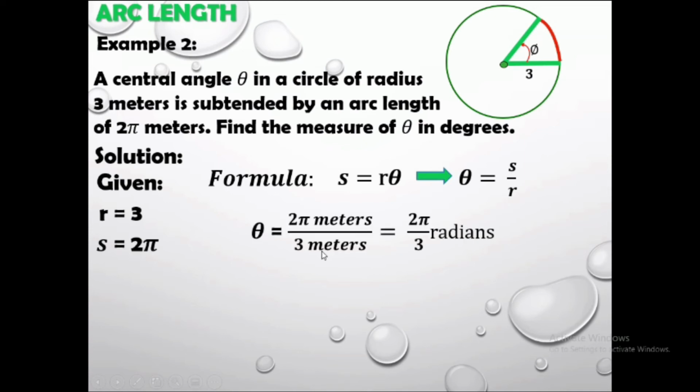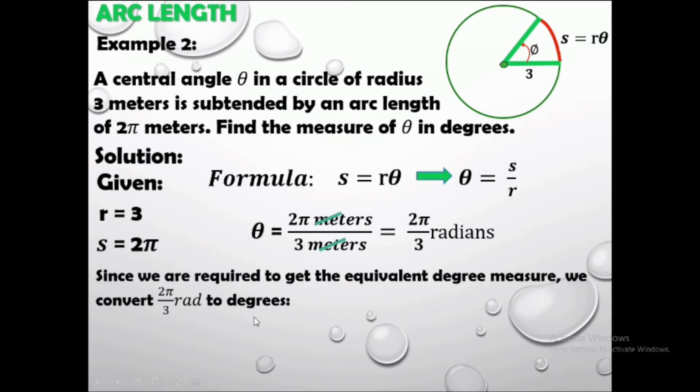Then, we are going to substitute the values of r and S in the given formula. So, theta equals 2 pi meters over 3 meters. Then, we are going to cancel the meters. So, we have 2 pi over 3 radians.